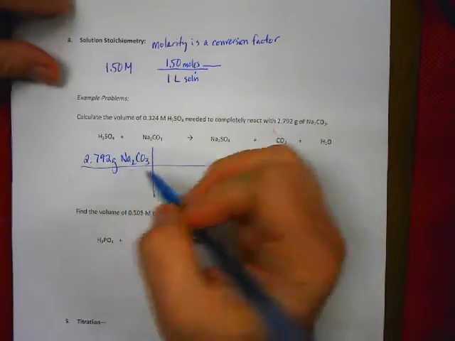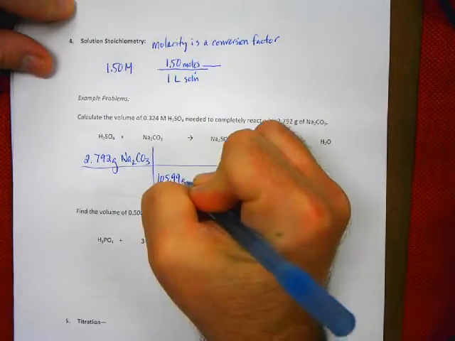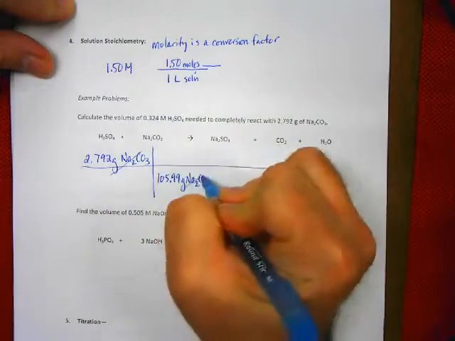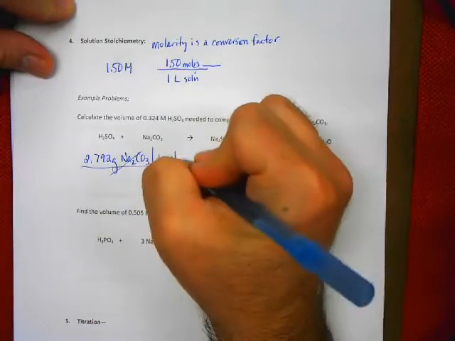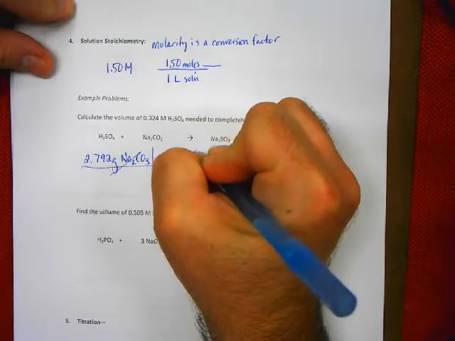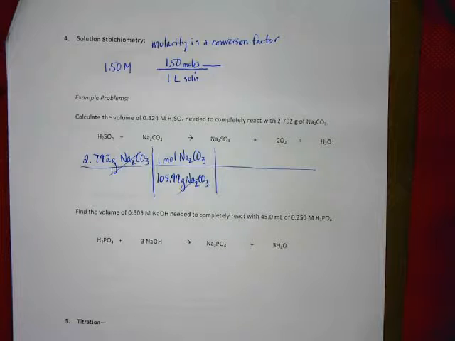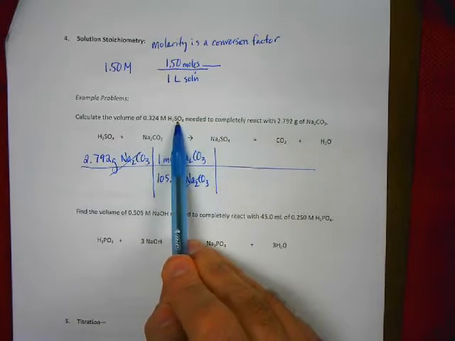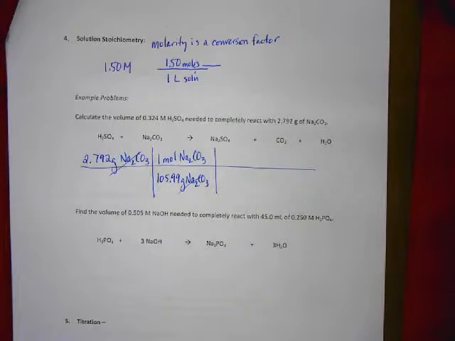So we want grams to cross out, so the 105.99 grams of sodium carbonate goes in the bottom, so our units cross off, and always paired with the formula mass is 1 mole. Now we want to go from moles of sodium carbonate to moles of H2SO4, but we want a volume of H2SO4.